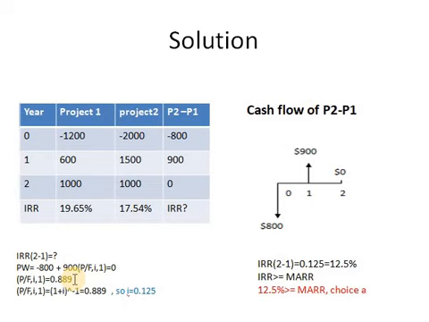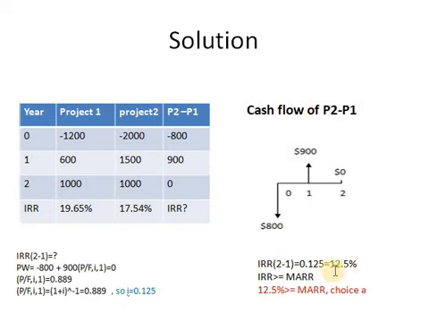We can use the table, we can use the equation, we can choose two values and interpolate, or use the graphical method. I do not force you to use any method. You choose the method that you like. So here I'm gonna choose the easiest method, which is the rule. I'm gonna say that this factor equals 1 plus i to the power minus 1. So using this simple calculation, I can tell that i equals 0.125.